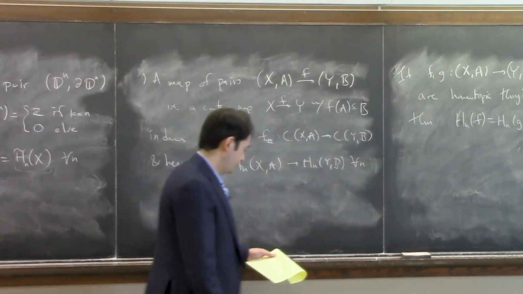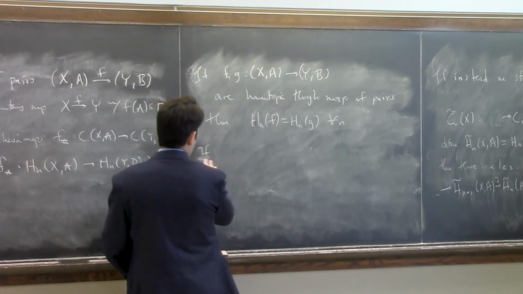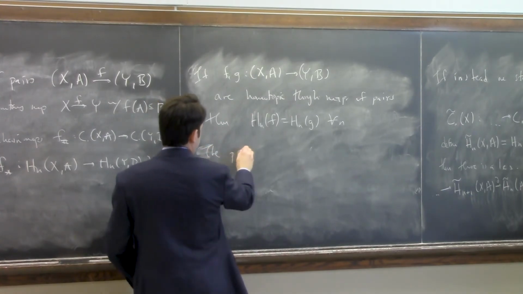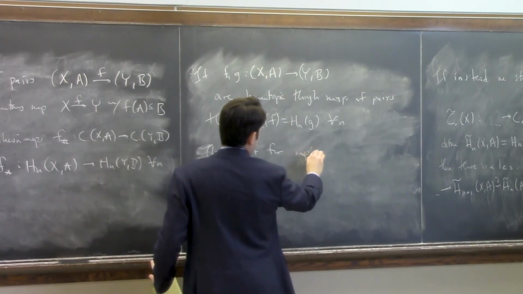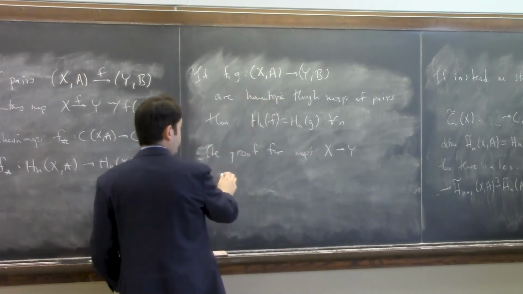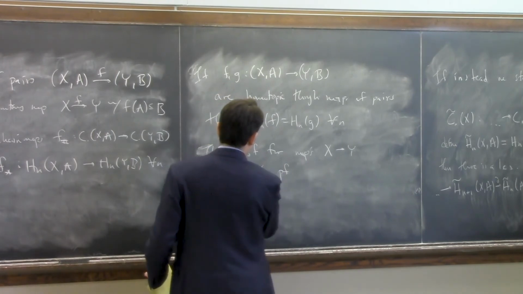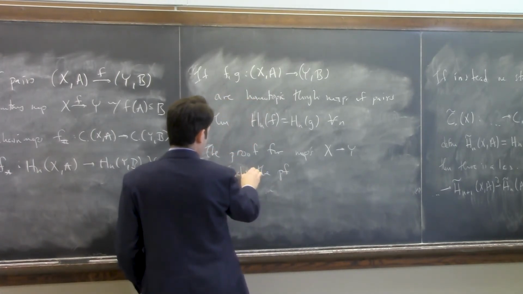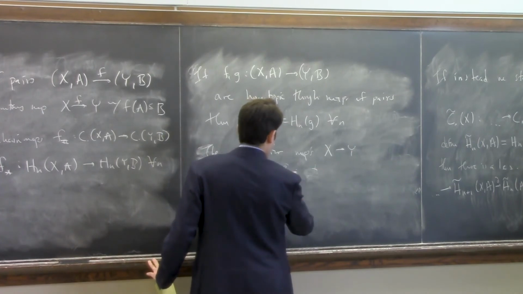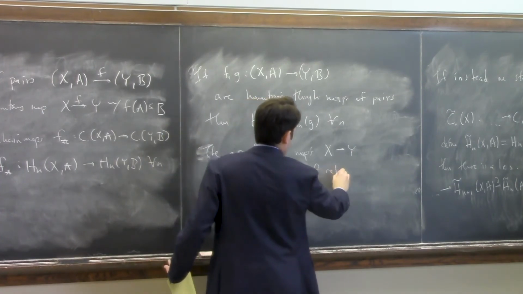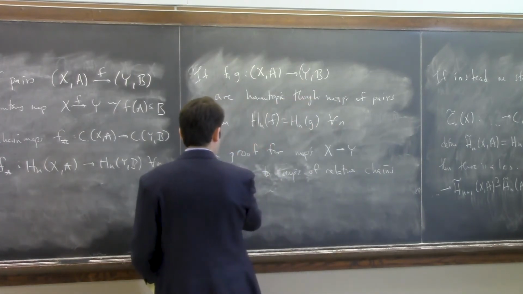And the proof, say it like this, the proof for maps just from X to Y specializes to maps of relative chains in this setting.